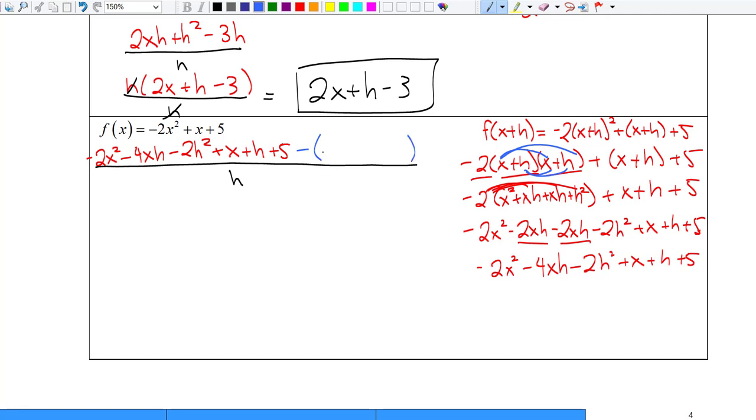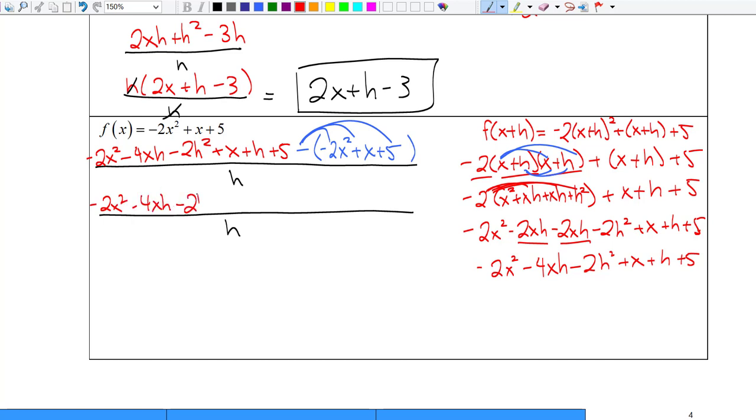Well, my f of x in this case is negative 2x squared plus x plus 5. Now I distribute. So you get negative 2x squared minus 4xh minus 2h squared plus x plus h plus 5.